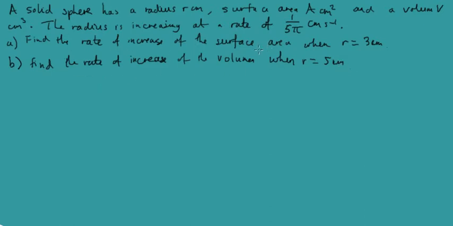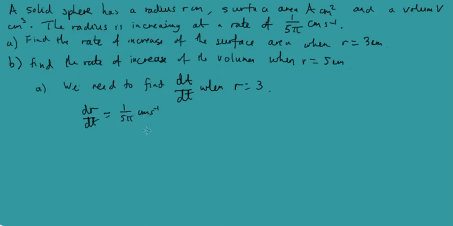So firstly we're dealing with the surface area. So we need to find the rate of increase of the surface area, so dA by dt when r is 3. We know the rate of change of the radius is 1/5 pi centimeters per second.